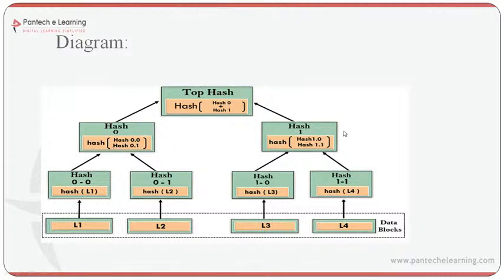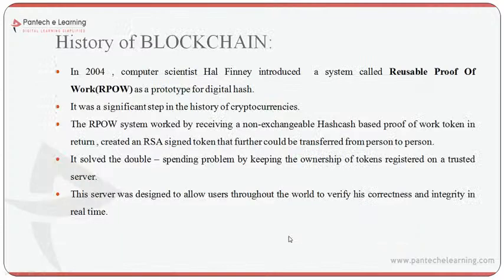This is hash 0, this is hash 1. So hash 0 0, hash 0 1, hash 1 0 and hash 1 1. These are the different hash blocks that are available. We have 4 data blocks and every block has a unique hash. Using the hash function, the data is stored securely, cryptographically protected using various cryptographic techniques.